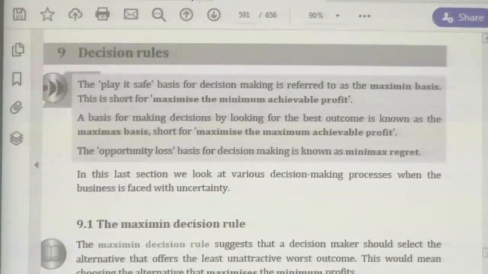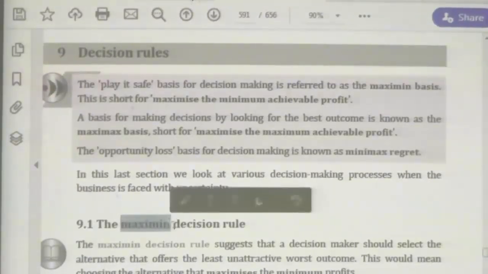When you can't assign probability values, you have to use decision rules instead of a decision tree. Now we are going to learn how decision rules can be used. When you apply decision rules, there are three methods of getting decisions. The first method is the maximin decision rule.